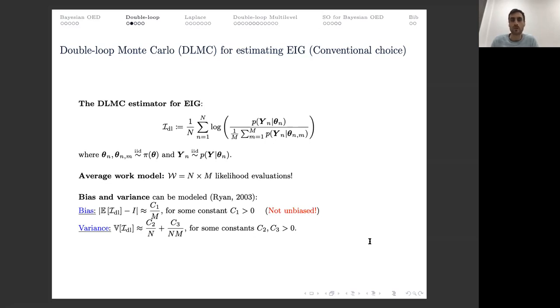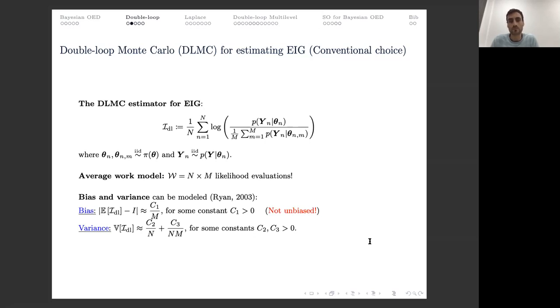So this can be quite expensive, right? Here there are no tricks. This is just plain Monte Carlo applied to both the outer and inner integral. Usually Monte Carlo estimators are known as unbiased estimators, but of course here, since we have a nonlinear function, actually two, the logarithm and the 1 over the inner integral, we have a bias.